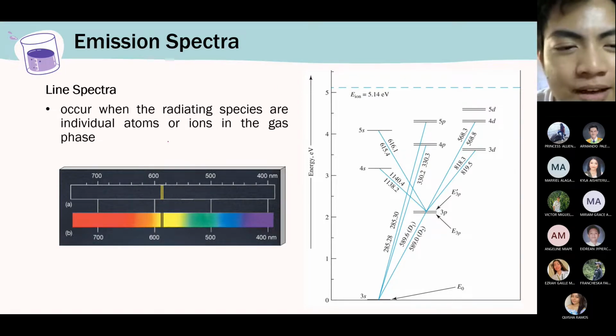For emission spectra, this is the line spectra developed by Niels Bohr. Depending on the atom you have, it will emit different wavelengths, and that wavelength is unique to each element.